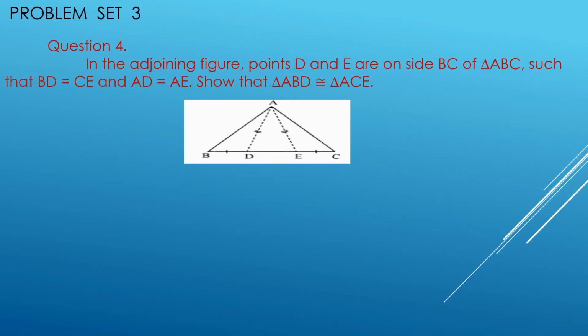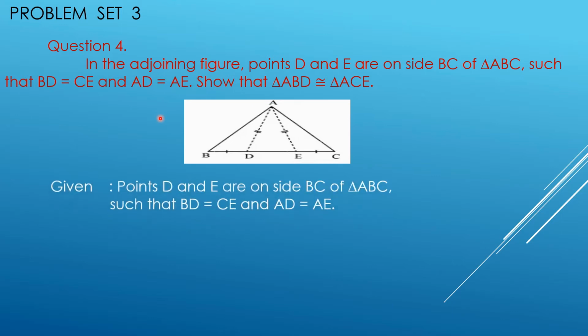Question number 4. In the adjoining figure, points D and E are on side BC of triangle ABC such that BD equal to CE and AD equal to AE. Show that triangle ABD congruent to triangle ACE. First write given.